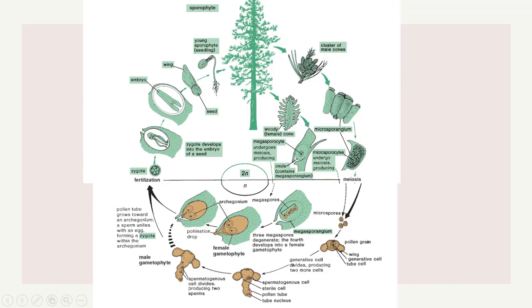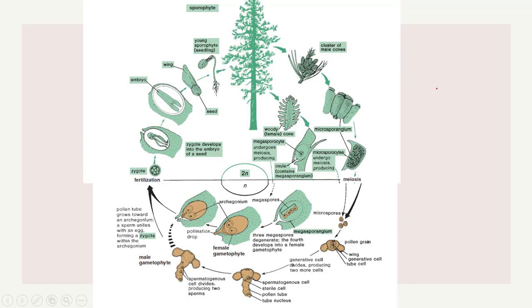So when they grow and become something like this, we can say that they are the male gametophyte. The male gametophyte will have a structure like this, with a spermatogenous cell, and then they will have the sperm cell inside here. Okay, so that is the male gametophyte.